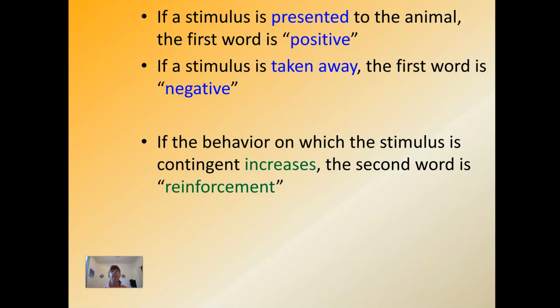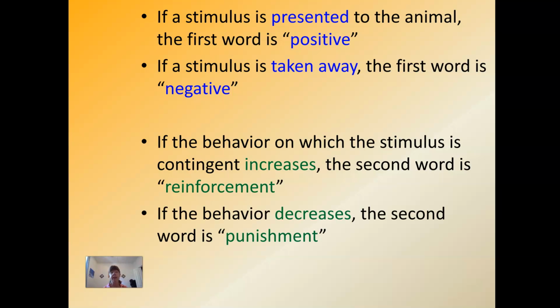And by Skinner's definition at least, if the behavior does increase, then it is considered reinforcement. But notice it's the behavior on which the stimulus is contingent. So it's only if the animal has to do that behavior to get the stimulus, and then that behavior increases, it's considered reinforcement. If the behavior decreases, the second word is punishment.